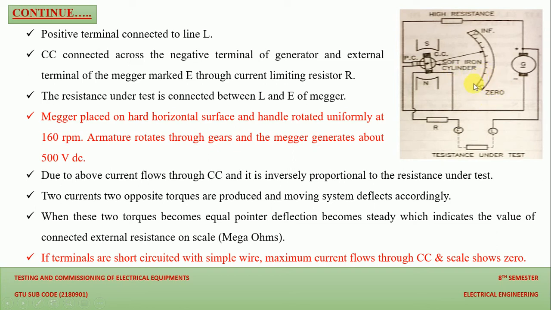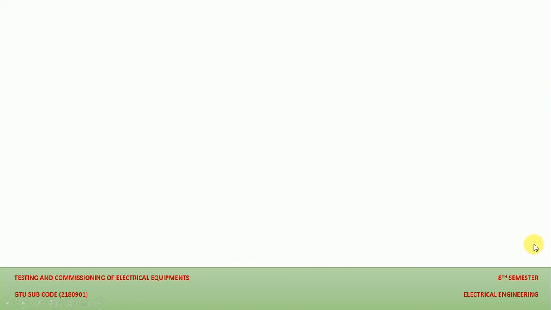So if we short circuit these two terminals E and L, the pointer will show 0 deflection, because both the currents which are transferring to the coil are equal, and so it will not get deflected, and the pointer will remain at the 0 position. So this is what the Megger is.